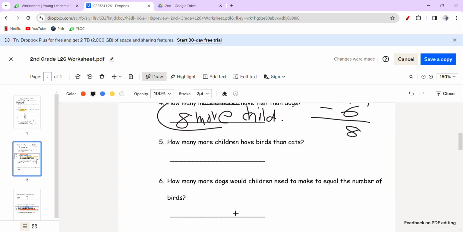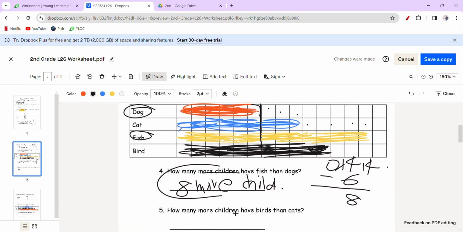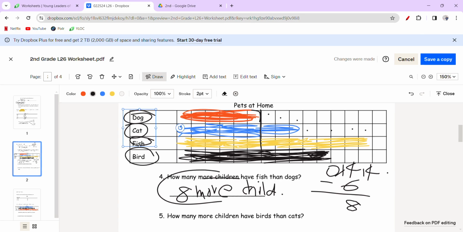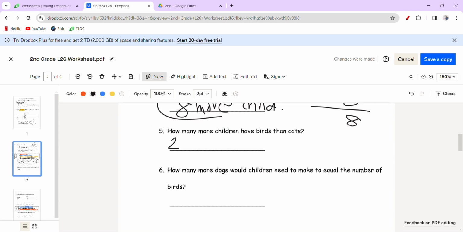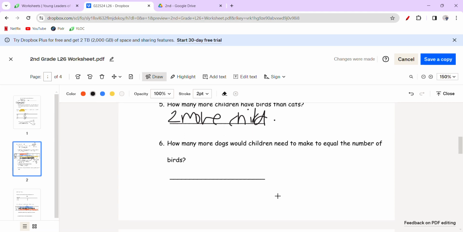How many more children have birds than cats? We're looking at birds and cats, and we can see from the graph that cat is less than birds, and there's 2 remaining, so 2 more children. How many more dogs would children need to equal the number of birds?